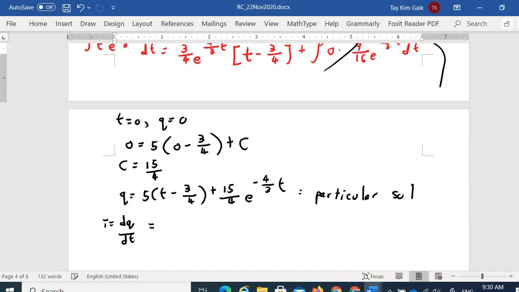Differentiate q with respect to t. So you have 5, because d/dt of t is 1 and the constant is 0. Then you differentiate the exponential term, you have negative 4 over 3 times 15 over 4, exponent negative 4 over 3t.